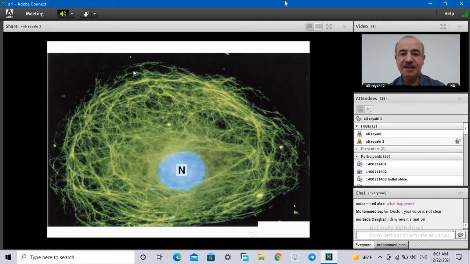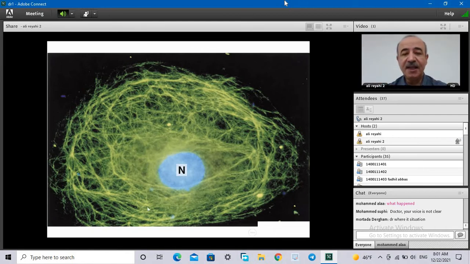So you can see only the proteins that form the cytoskeleton, and we cannot see anything else within the cytoplasm, or the nucleus, or the cell membrane. The cytoskeleton is important for the cell because these proteins can determine the shape of the cell.